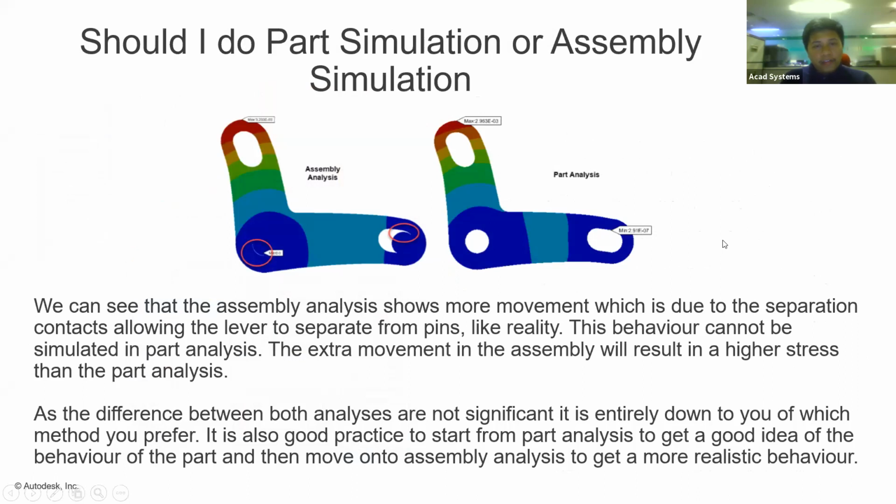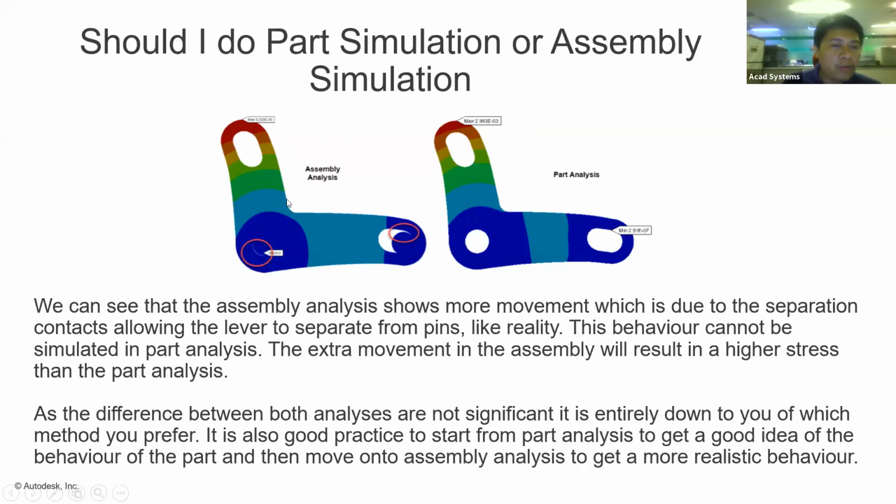All right, so after this, if you have a part or assembly, better you try both. By default, for this part, I also tried to create using part analysis and also assembly analysis. The result for part will become 0.0029.